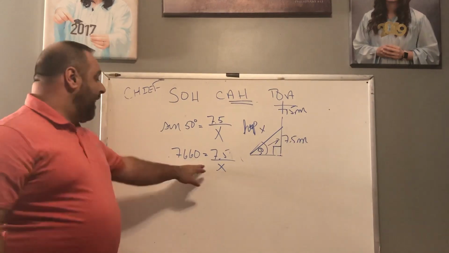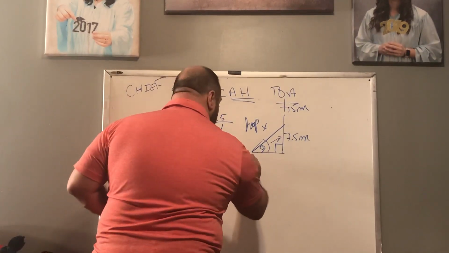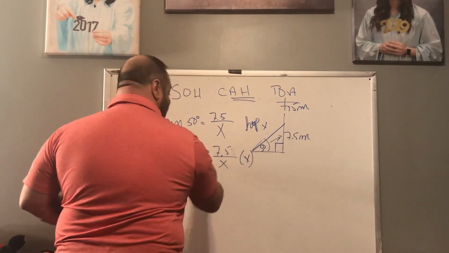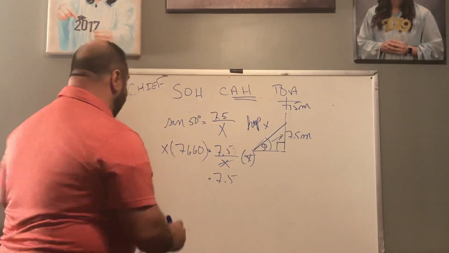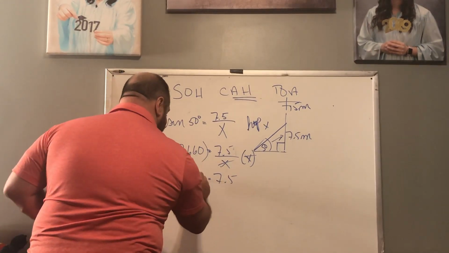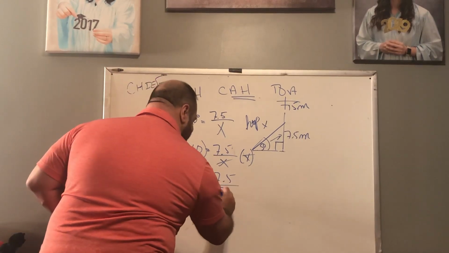How do I get X by itself? Good, we're going to multiply both sides by X. So 7.5 equals 0.7660X. Divide both sides by 0.7660.